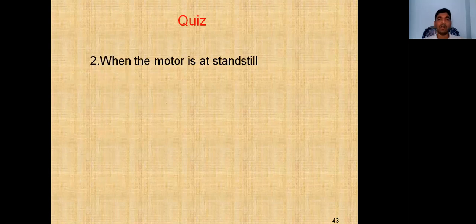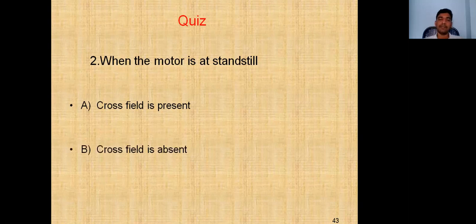When the motor is at standstill, option A, cross field is present; option B, cross field is absent; option D, none of these.